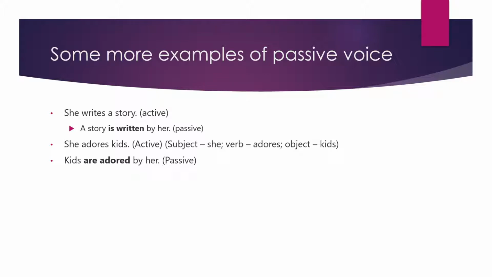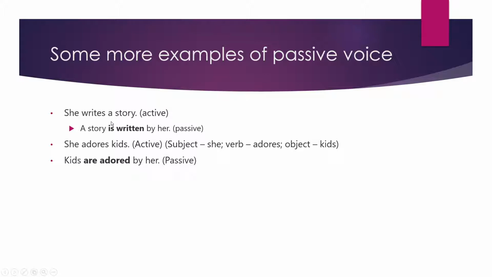Some more examples here. So she writes a story. We've got the active here. Do you find where the subject, verb, and object are? That's right. She is the subject. Writes is your simple present tense. A story. Story being the object. Subject, verb, object.